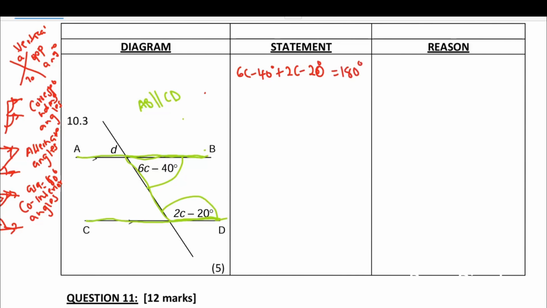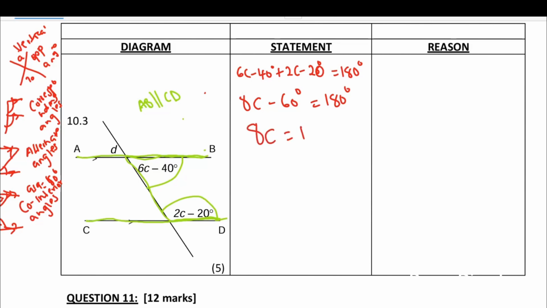Now let's solve for C. Let's add the like terms. 6C plus 2C gives me 8C, and negative 40 minus 20 gives me negative 60, equals 180 degrees. I'm going to take this negative 60 to the other side.